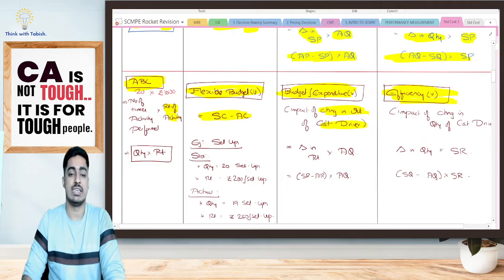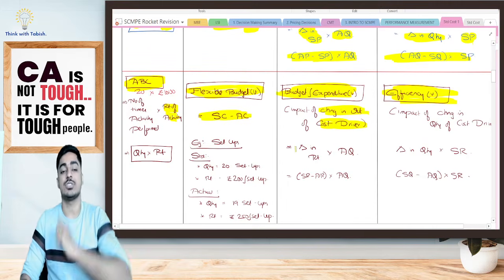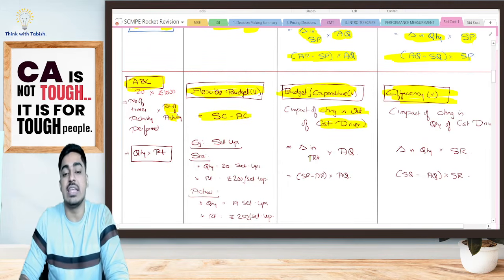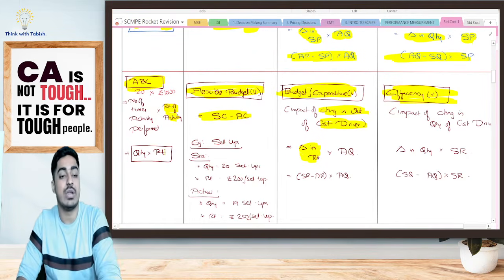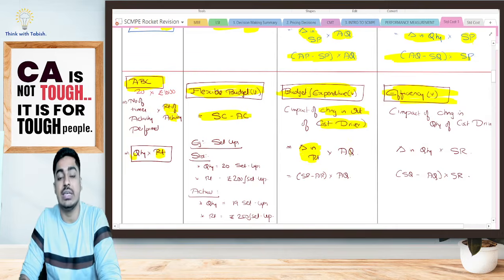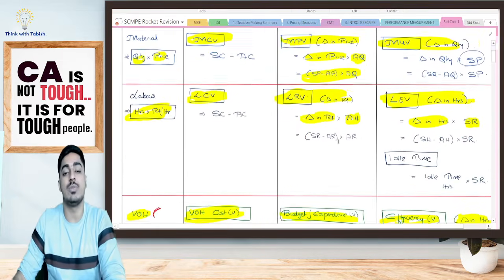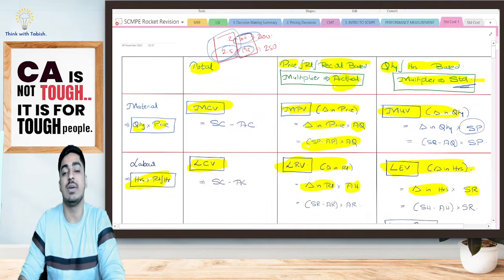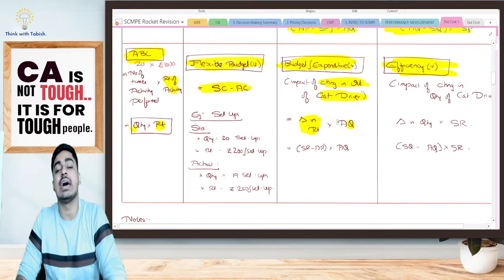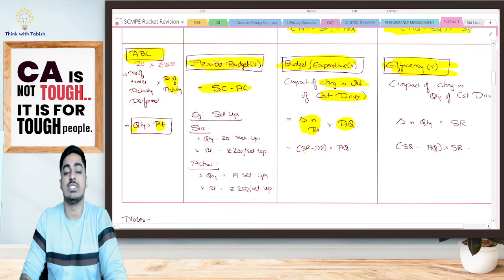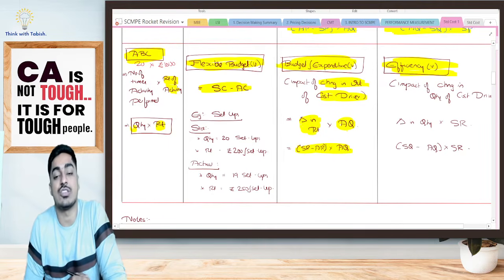So it is the difference in rate, converted into value; rate has to be multiplied by quantity. Which quantity? We'll be multiplying with my actual quantity, since this difference in rate is there on my entire actual quantity. It is my standard rate minus my actual rate into my actual quantity.